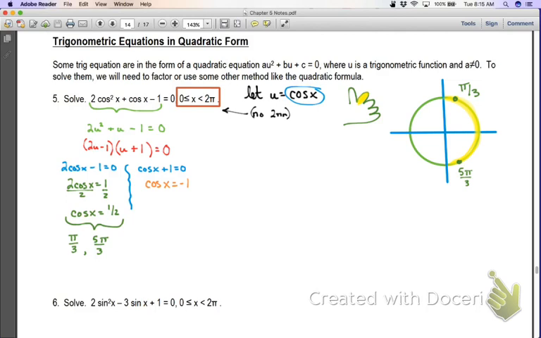Where is it at? Where is this spot right here? Yeah, it's -1. Where is that spot that I just circled? What angle measurement? Pi.